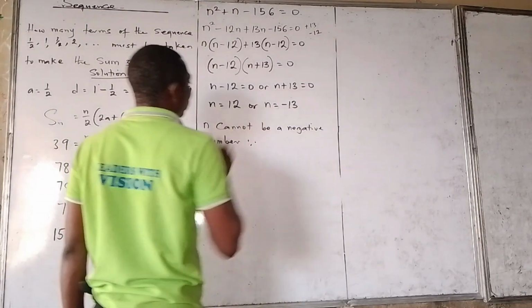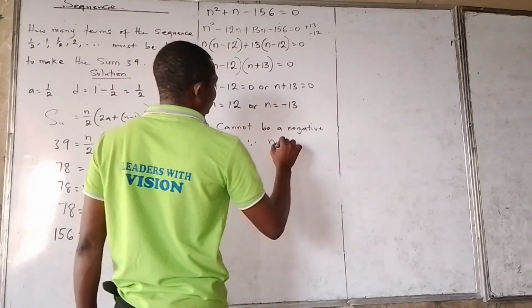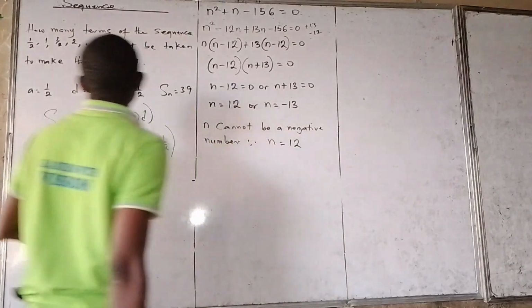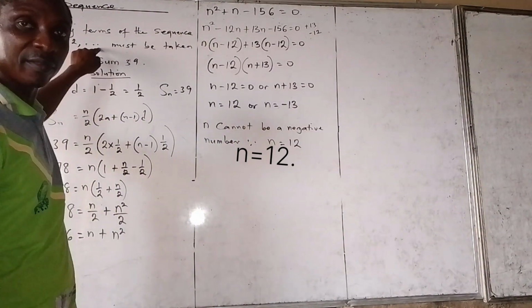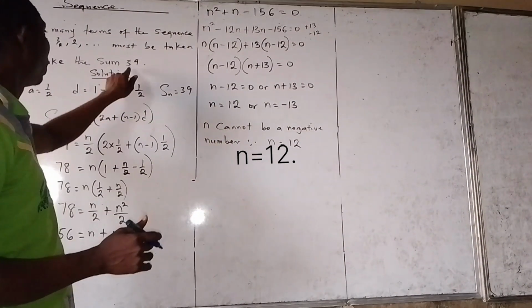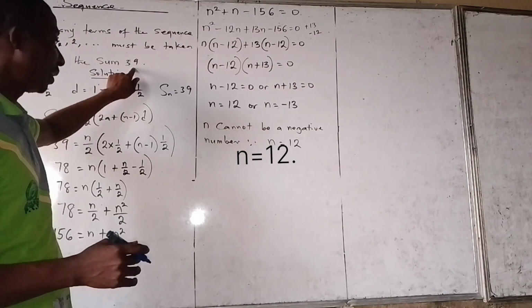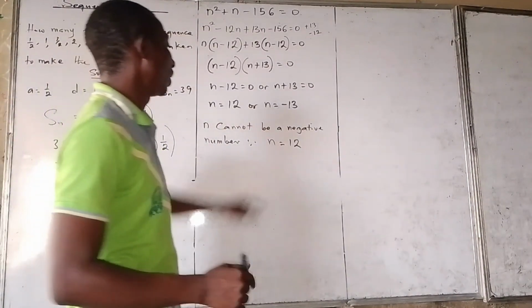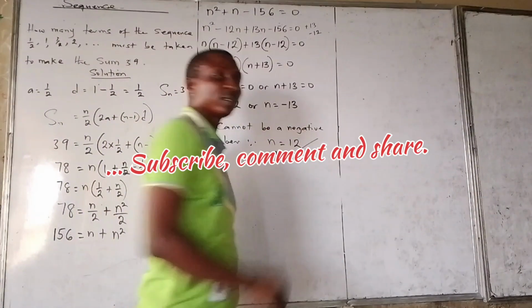So therefore, n equals 12. The number of terms that we are going to have here that will be added together to give 39 is 12. So this is the answer to the question.